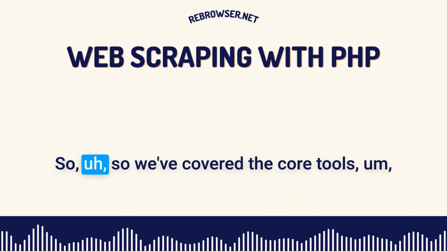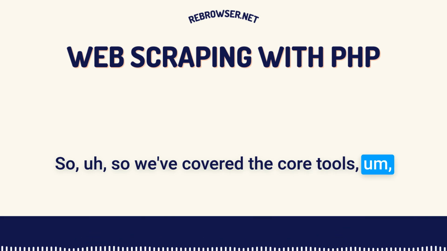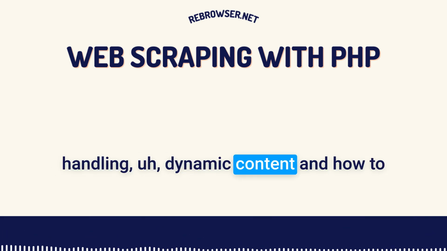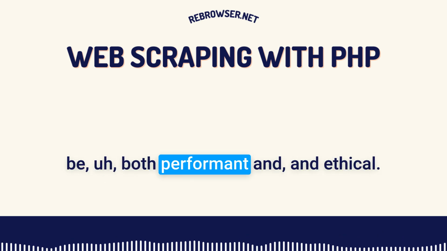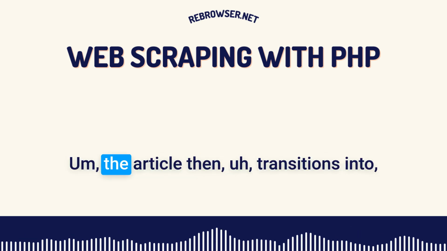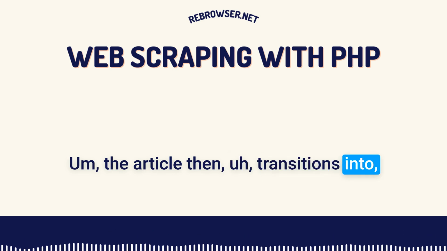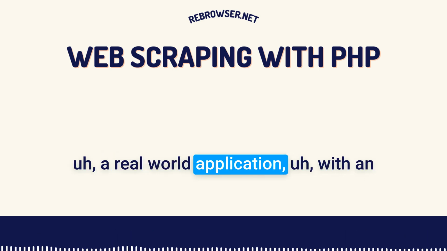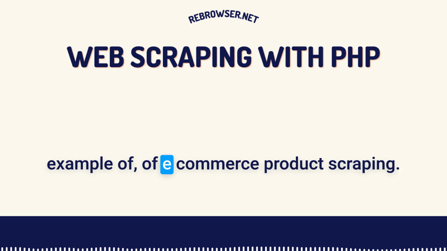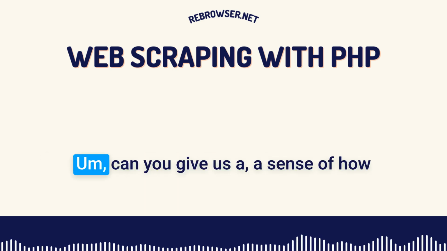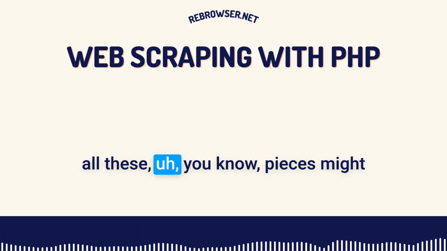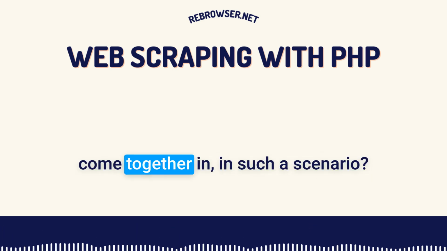So we've covered the core tools, handling dynamic content, and how to be both performant and ethical. The article then transitions into a real-world application with an example of e-commerce product scraping. Can you give us a sense of how all these pieces might come together in such a scenario?